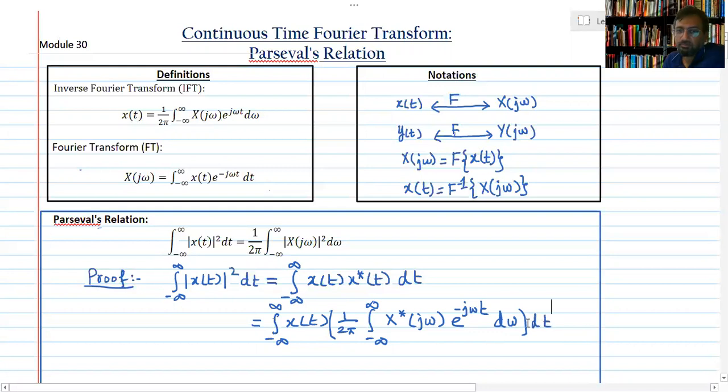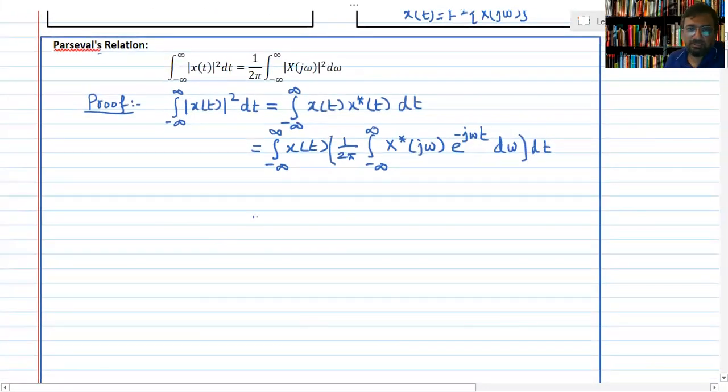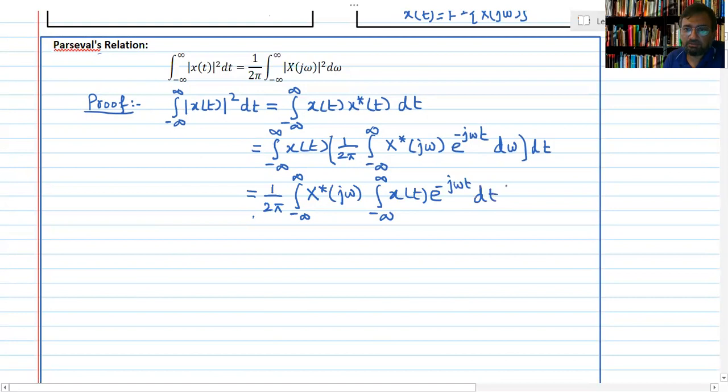dt. And then we replace the order of these integrals and bring 1 over 2 pi outside: the integral from minus infinity to infinity of X conjugate (j omega), times the integral from minus infinity to infinity of x(t) e^(minus j omega t) dt, d omega.